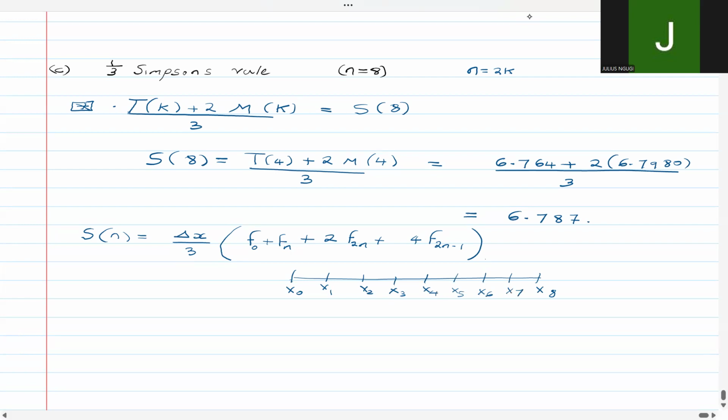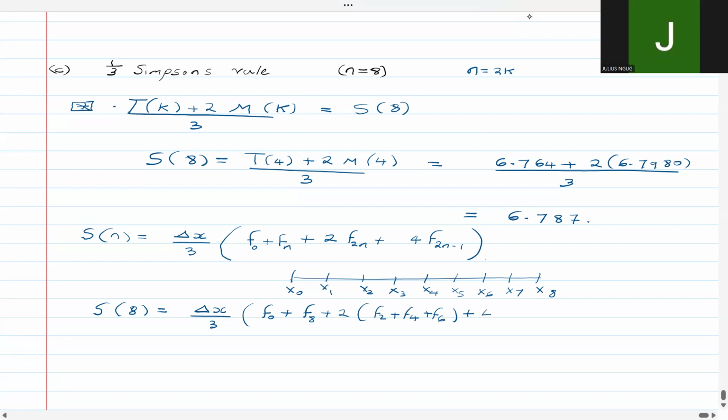So I'll be able to find Simpson's rule S8 equals the interval factor times f at x0, plus f at x8, the last one, plus twice f at x2, plus f at x4, plus f at x6.